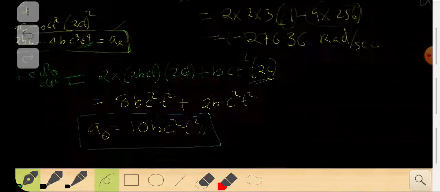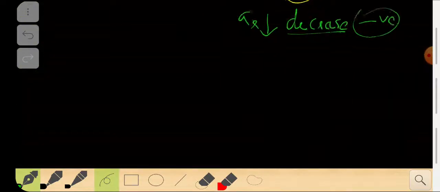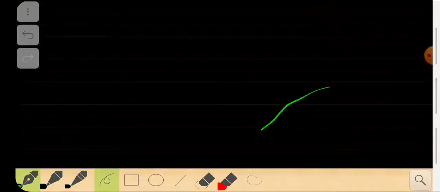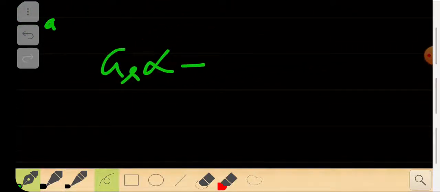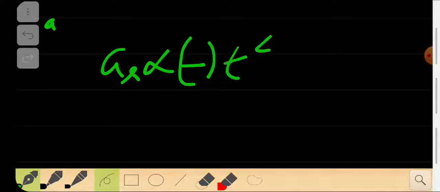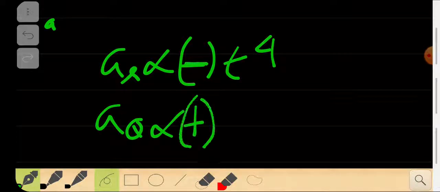AR is proportional to minus of t raised to 4, so it's decreasing, and A theta is proportional to plus of t square, so this is actually increasing.